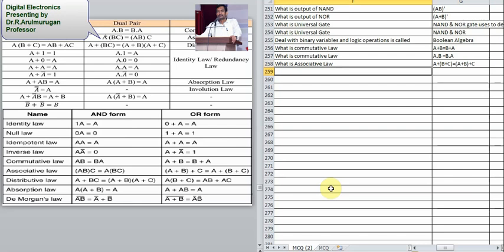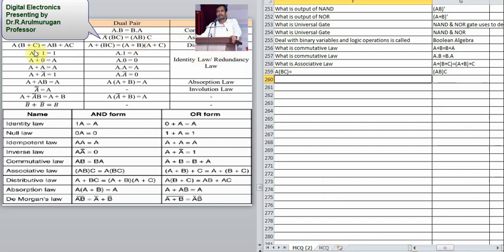Or they may ask it like this: A into BC is equal to AB into C. So (AB) into C. Next, the distributive law.